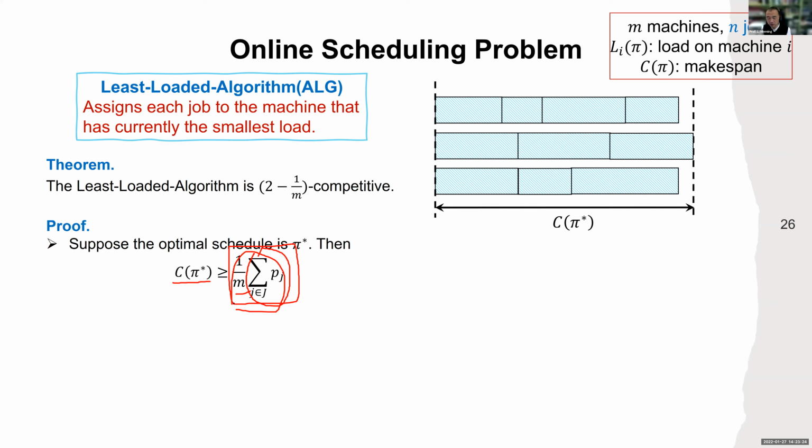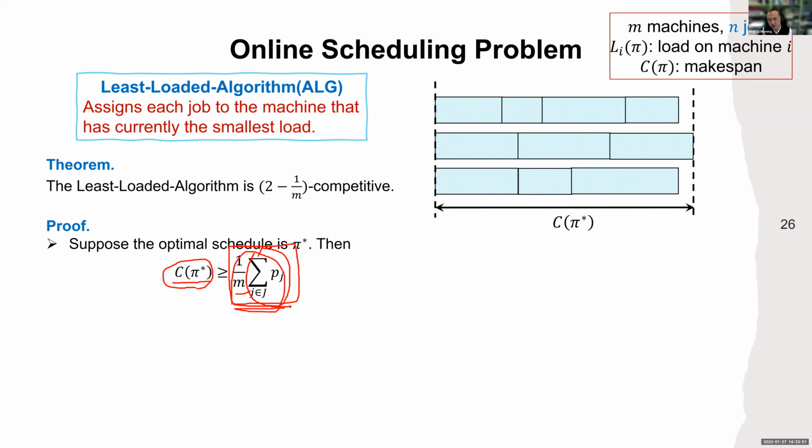This is the best you can do on the condition that you can do some kind of fractional allocation, right? You can split jobs across two machines. Even if you can do this, you cannot do better than this load. Therefore, the optimum makespan will be at least the total processing time over m. Yeah, Xingran, you're right. Just imagine that I allow you to be more powerful.